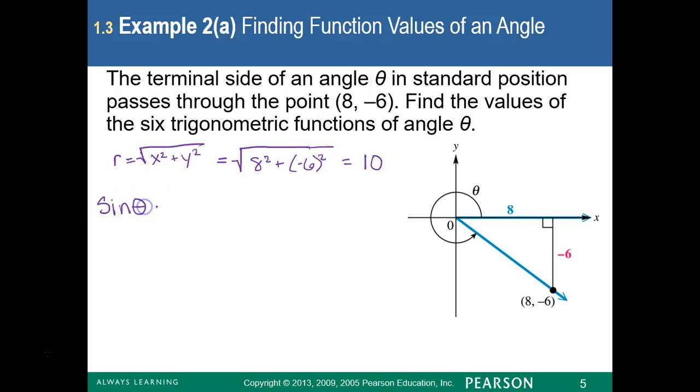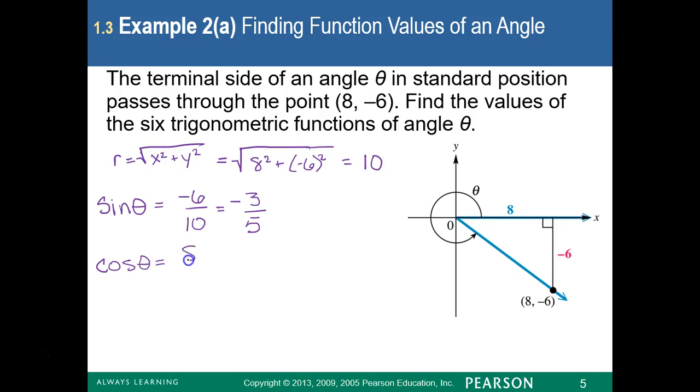So sine of our angle is equal to y over r. So this is negative 6 over 10. And go ahead and reduce any fractions that can be reduced. So this is going to be negative 3 over 5. Now cosine of theta is equal to x over r.